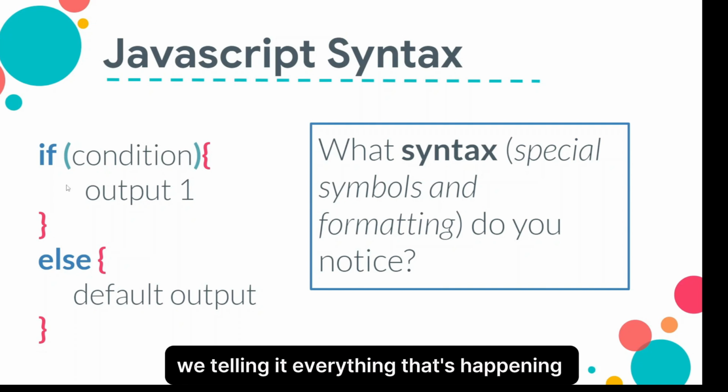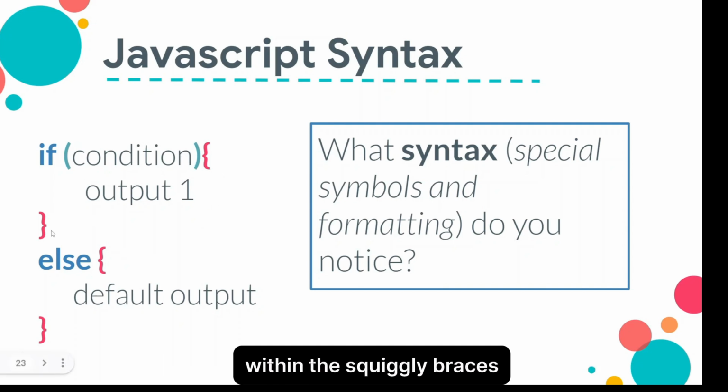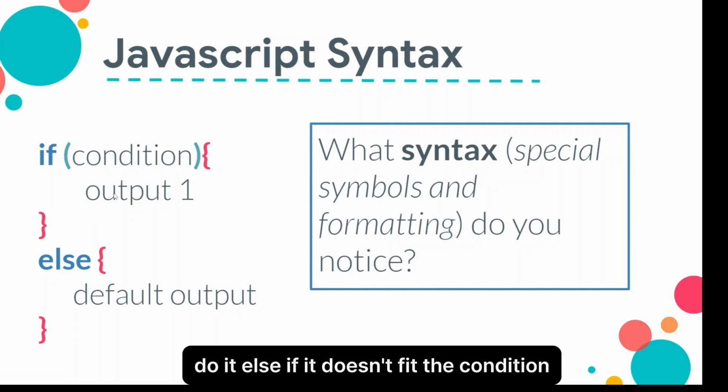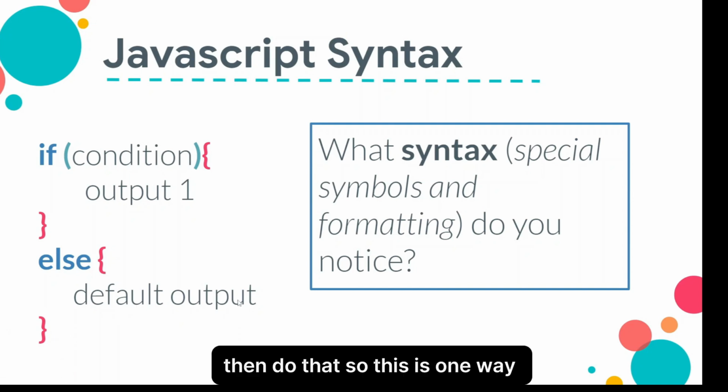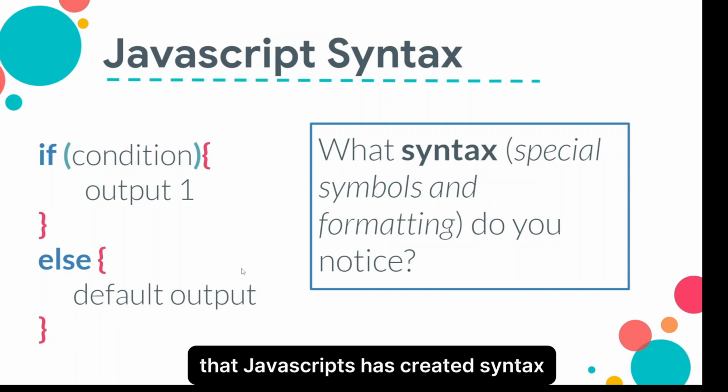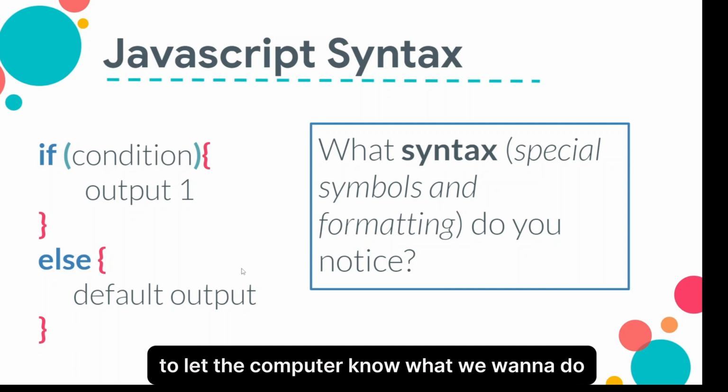We're telling it everything that's happening within the squiggly braces, do it. Else, if it doesn't fit the condition, everything between the other squiggly braces, do that. So this is one way that JavaScript has created syntax to let the computer know what we want to do.